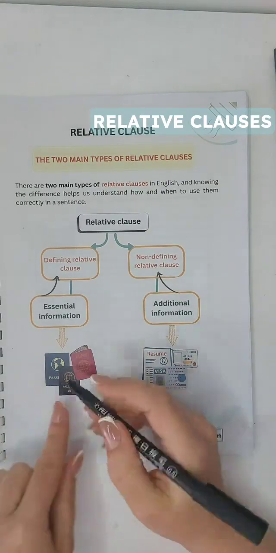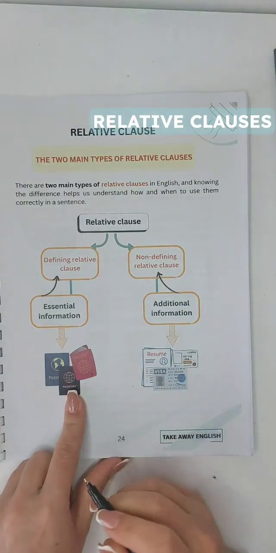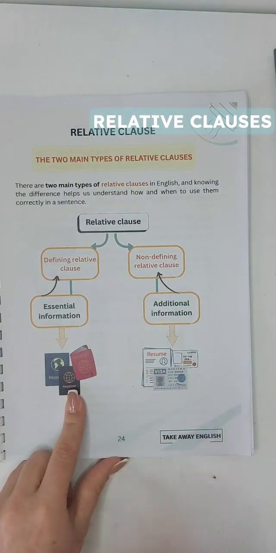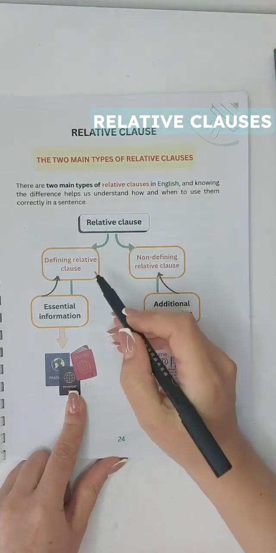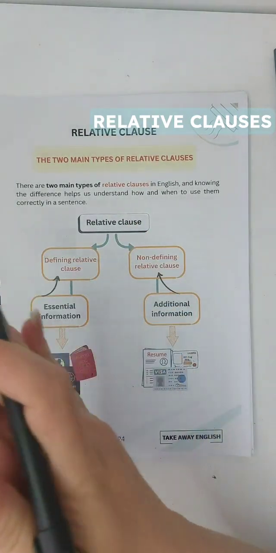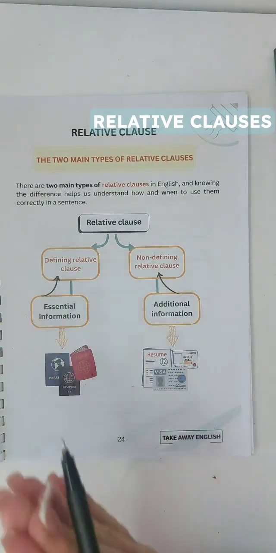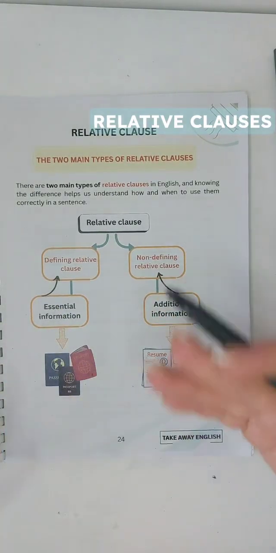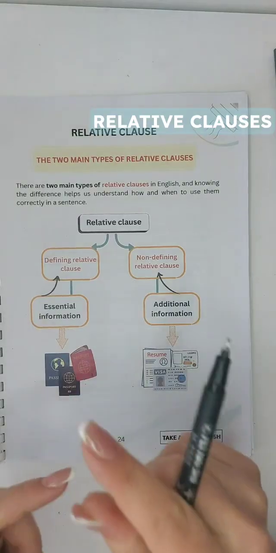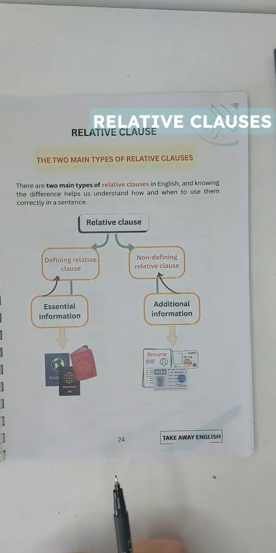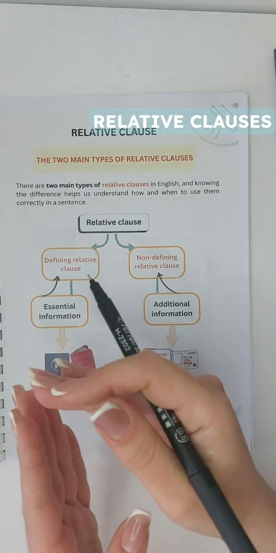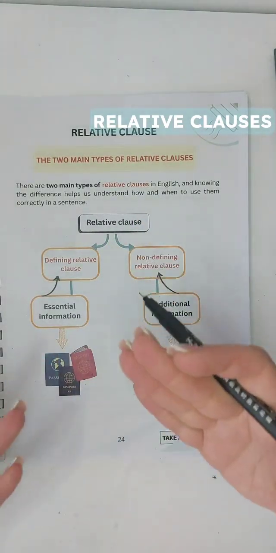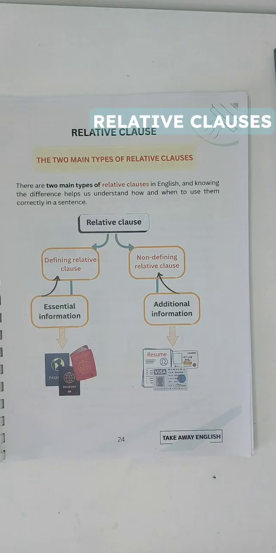Exactly the same goes with the defining relative clause. We attach a defining relative clause to the person, thing, animal, something, or someone to provide essential information, to make a listener understand which person or thing we are talking about.